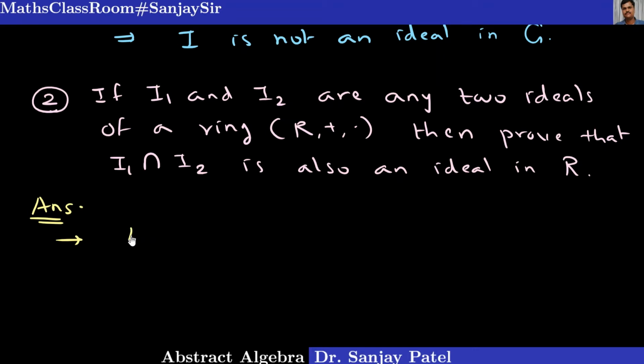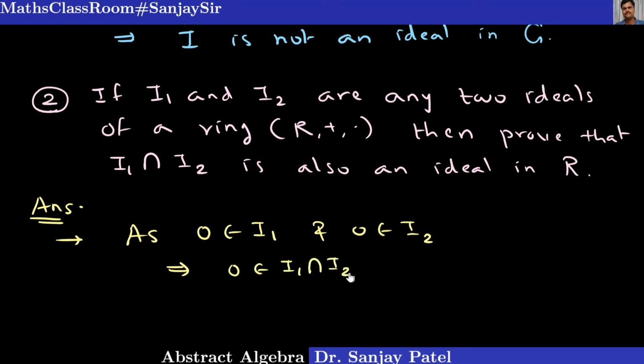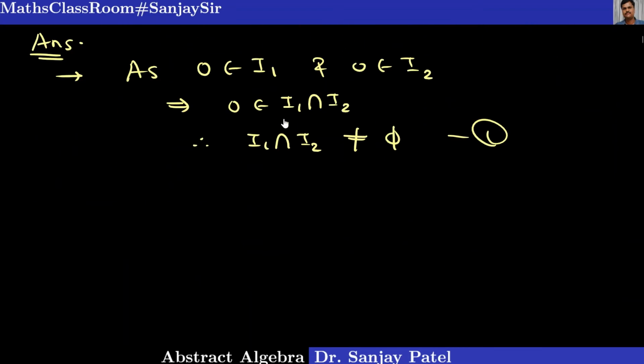So 0 belongs to I1 and 0 also belongs to I2. You understand? I1 is an ideal, so it is first of all a subgroup of R plus. So it contains the 0 element. So both the sets I1 and I2 contain 0. So I can say 0 is also an element of the intersection. So therefore, I1 intersection I2 is a non-empty set. That is our first conclusion.